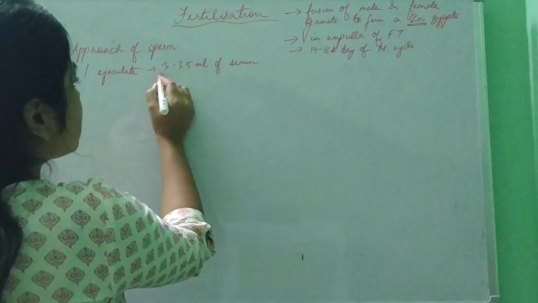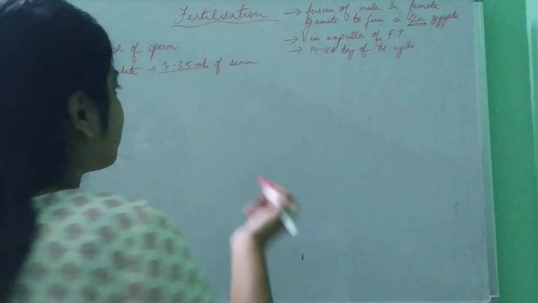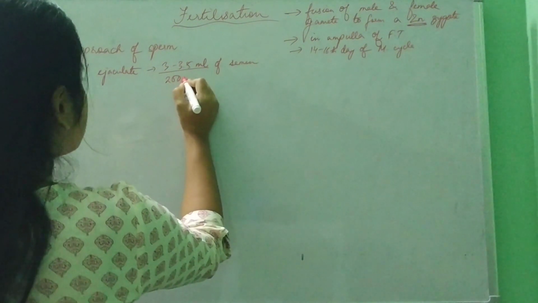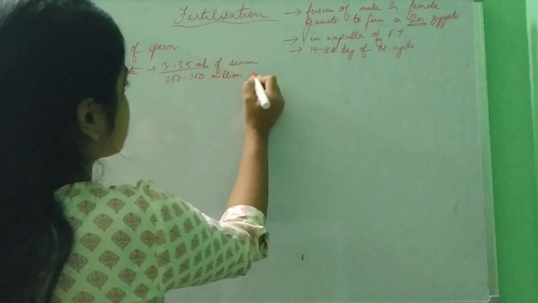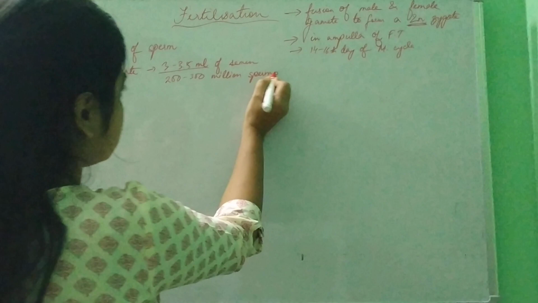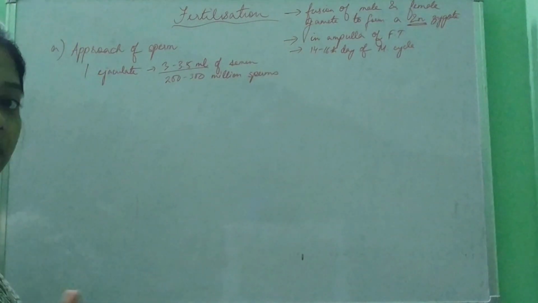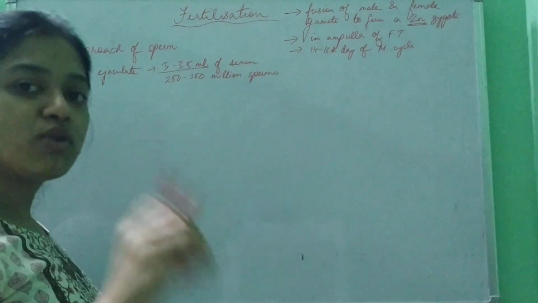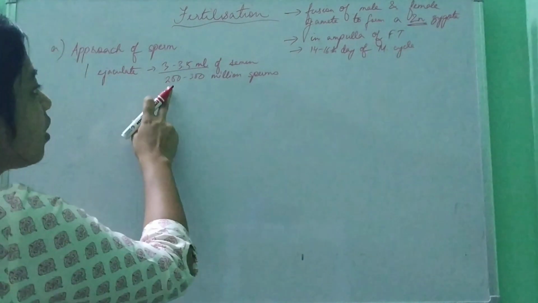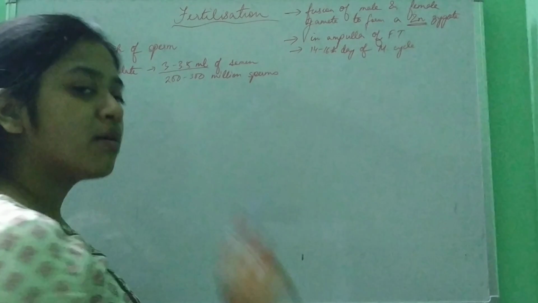In this 3 to 3.5 ml of semen, there will be about 200 to 300 million sperms. So from there, 200 to 300 million sperms will be there.